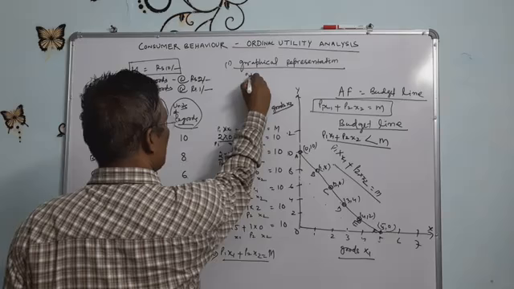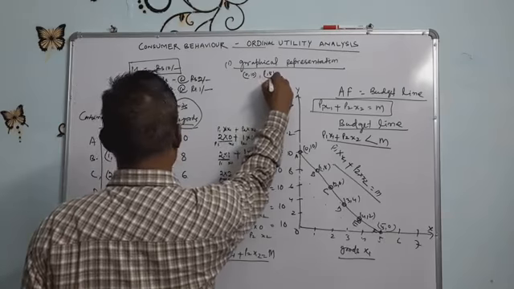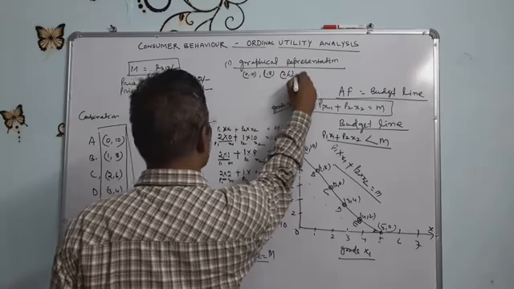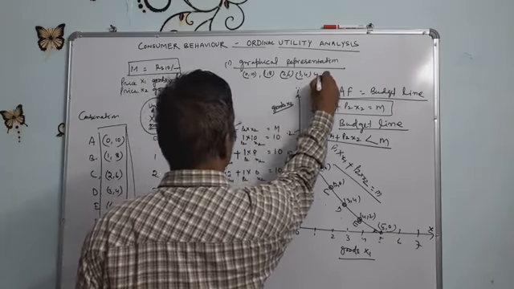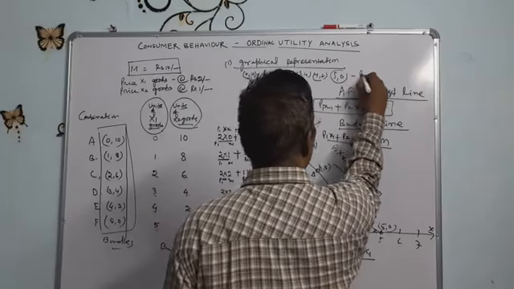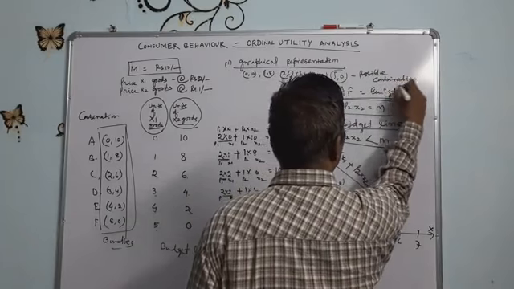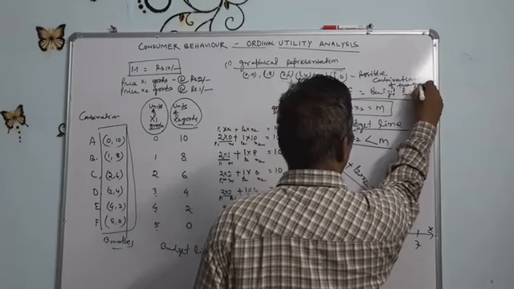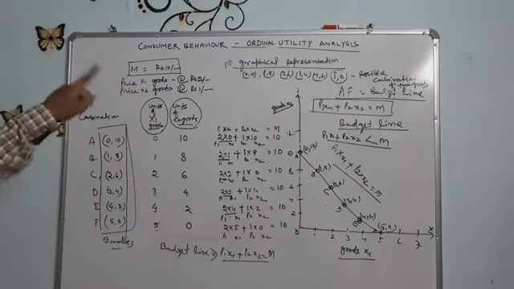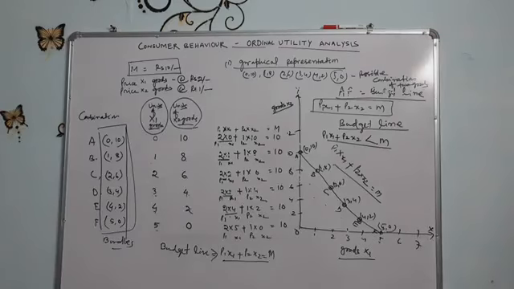The possible combinations are 0, 10, 1, 8, 2, 6, 3, 4, 4, 2, 5, 0. These are called possible combinations of two goods. Budget line is a graphical representation which shows all the possible combinations of two goods, that is goods x1 and x2, that a consumer can buy.